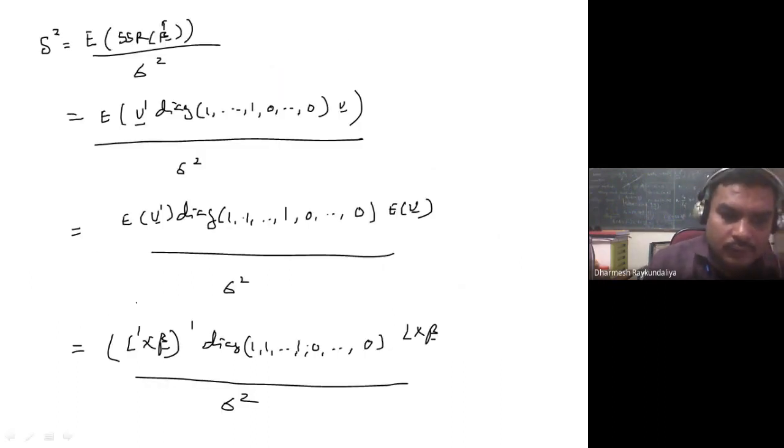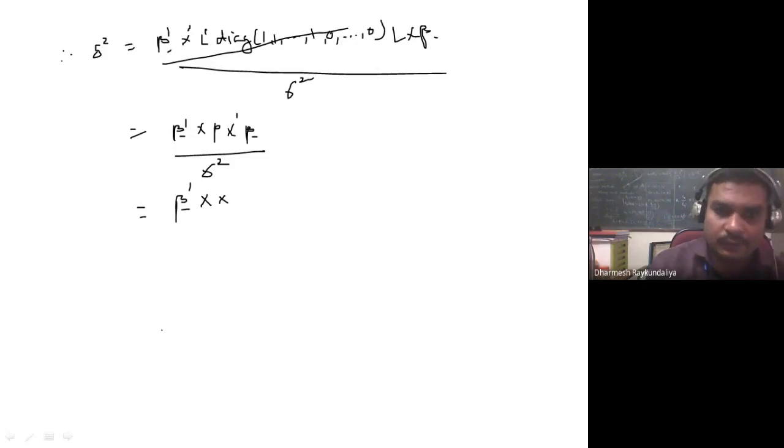So this is L x beta, and this is beta dash x dash L transpose. So this is x transpose. Now what is P? It is x s bar x dash, and this should be x.